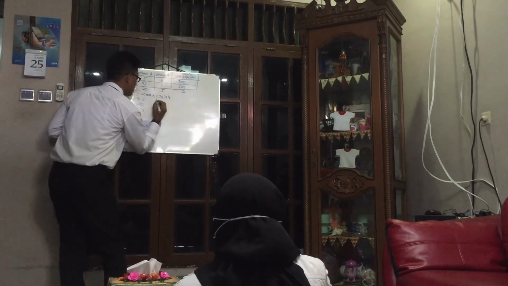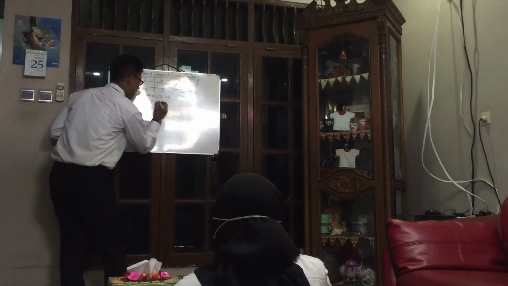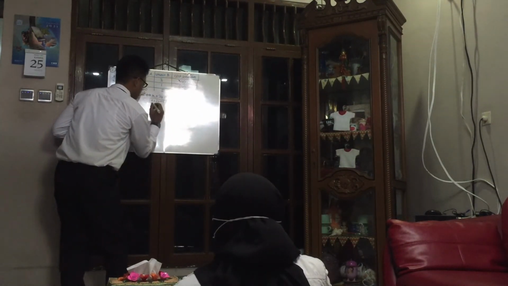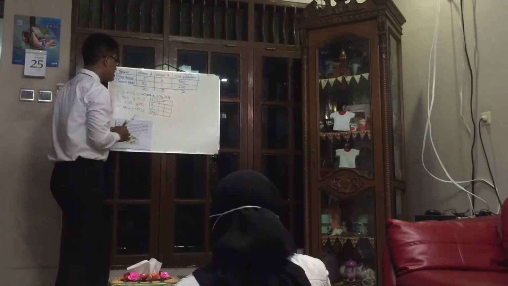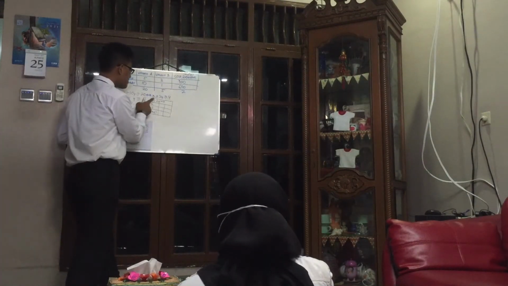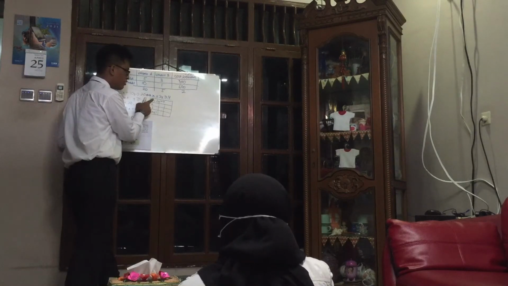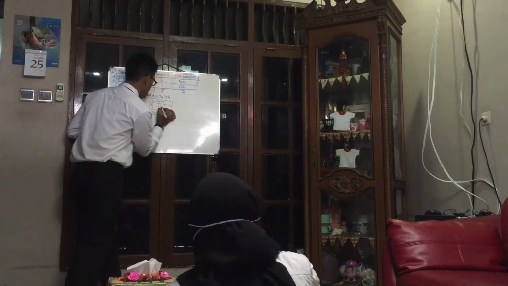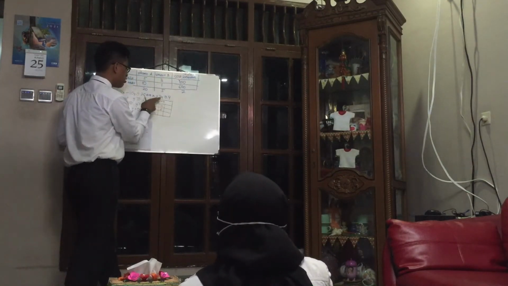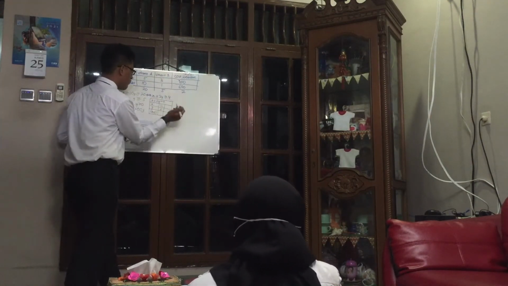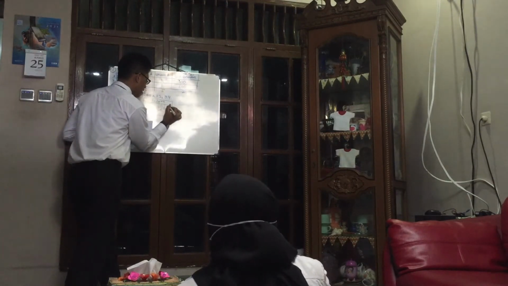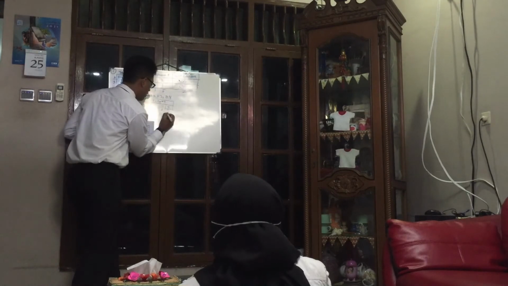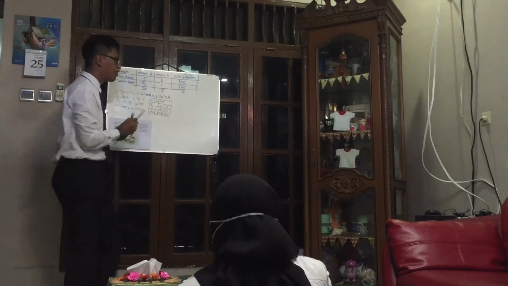For the first, x plus 2y, we use equal to find the intersection points. If x is 0, y is equal to 2. Good. If y is equal to 0, x is equal to 4. So we have 0, 2 and 4, 0.